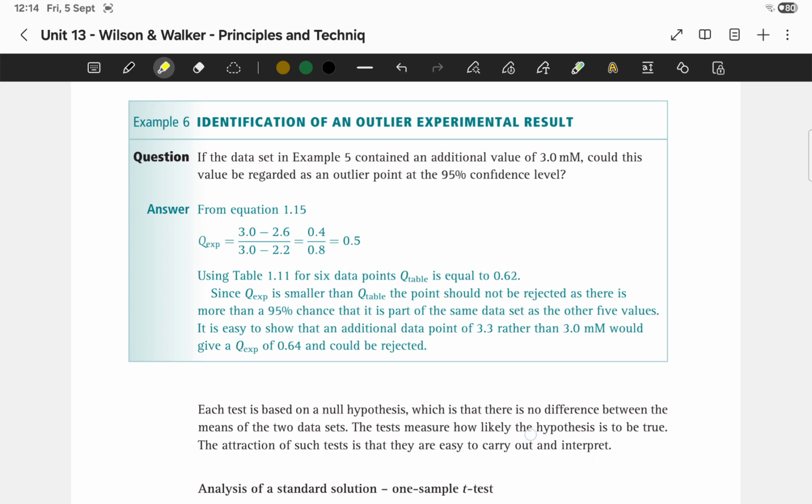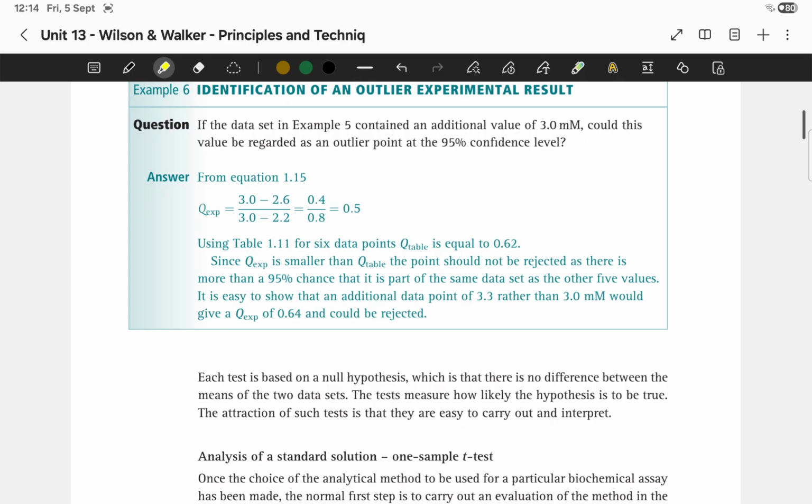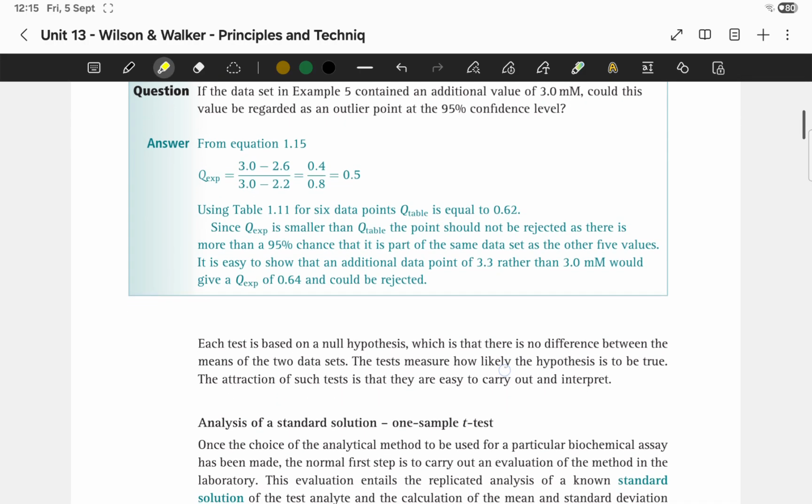If Q experiment is smaller than the Q table, the point should not be rejected, as there is more than a 95% chance that it is a part of the same data.